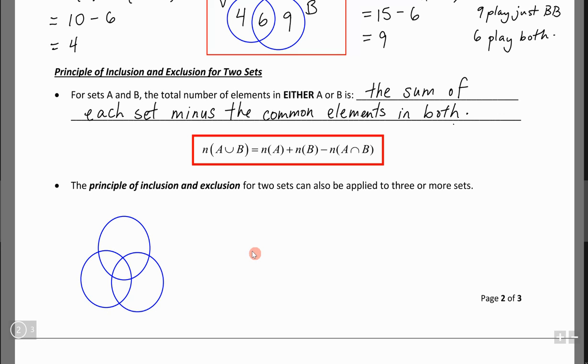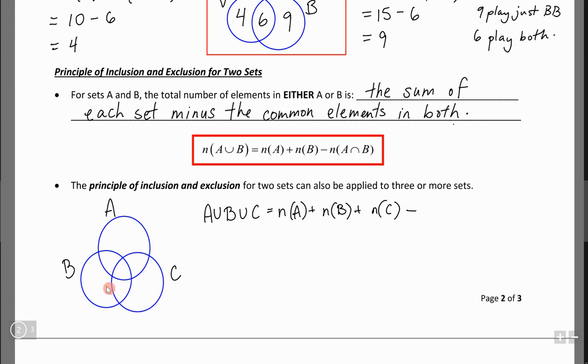And so I have here a set A, and B, and C. Well, it turns out the union of A, B, and C is equal to the number of elements in A plus the number of elements in B plus the number of elements in C, but you also have to subtract all those intersections, because keep in mind that this part here is an intersection of A and B. This part here is the intersection of A and C, so you don't want to be double counting that.